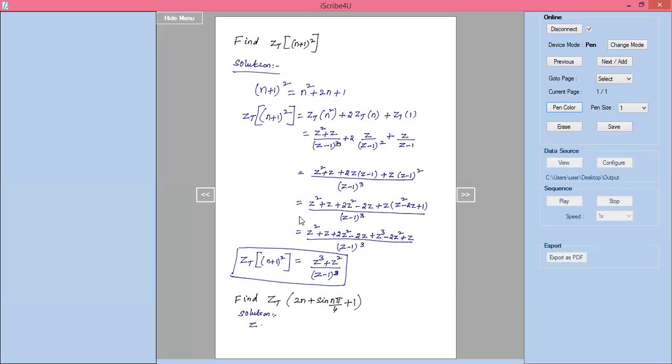Z transform of 2n plus sine(n pi by 4) plus 1 equals Z transform of 2n plus Z transform of sine(n pi by 4) plus Z transform of 1.